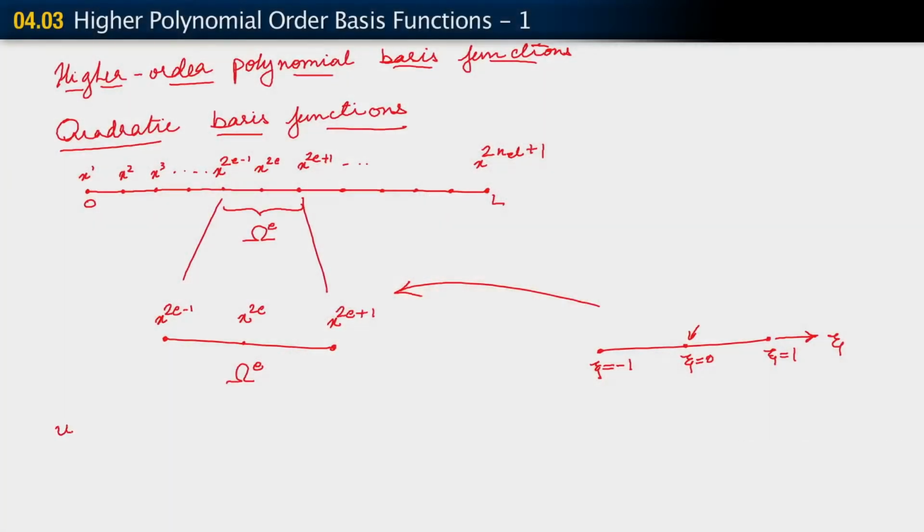Now, when one is working with quadratic basis functions, our trial solution over element E is going to be written as essentially an expansion over the basis functions for that element, right? In this case, we have A, which represents the local node number or the local degree of freedom number, running from 1 to the number of nodes in the element, and in this case, NNE equals 3.